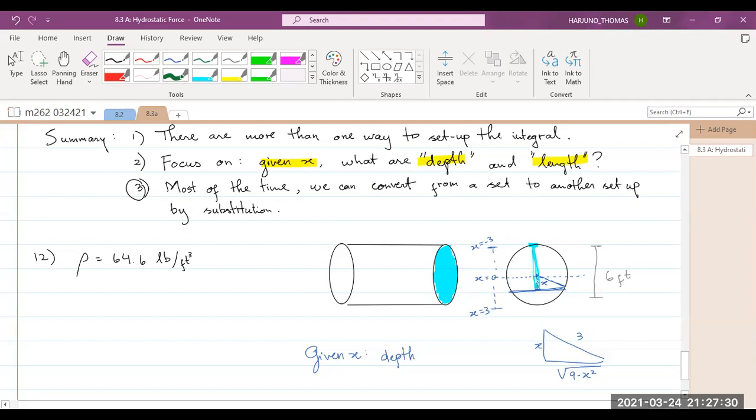If you have x from that line of reference, then how deep will that point be from the top of the water?